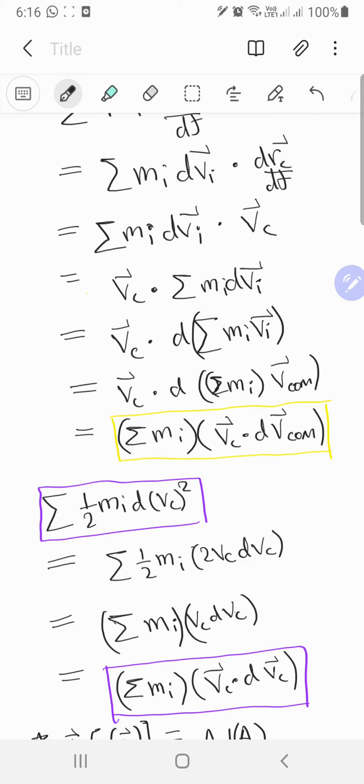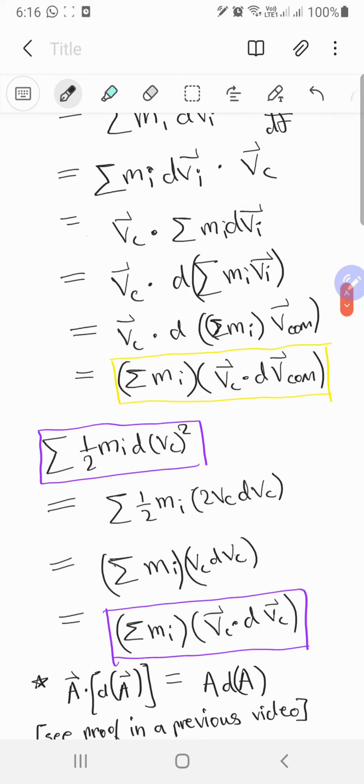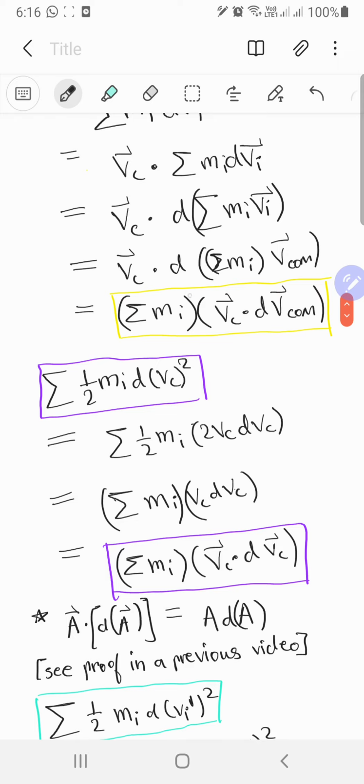So then using the definition of the center of mass, we can write this as vc bar dot d of summation mi and the velocity of center of mass. Okay, so this is the new modified form for this yellow part.